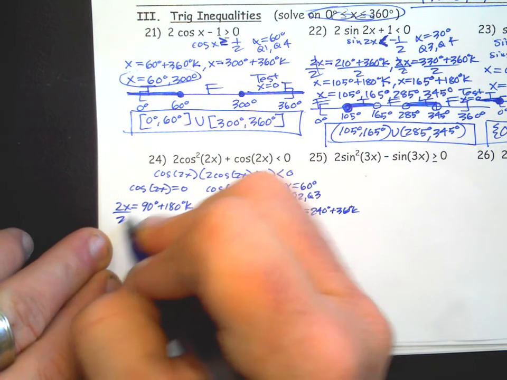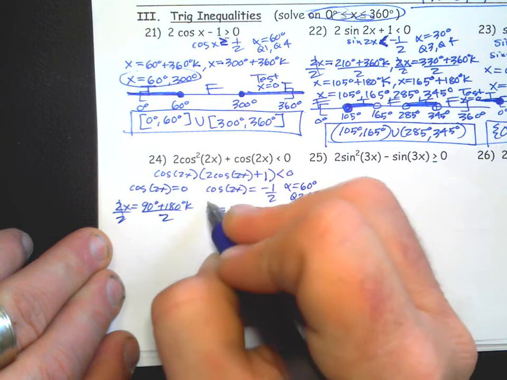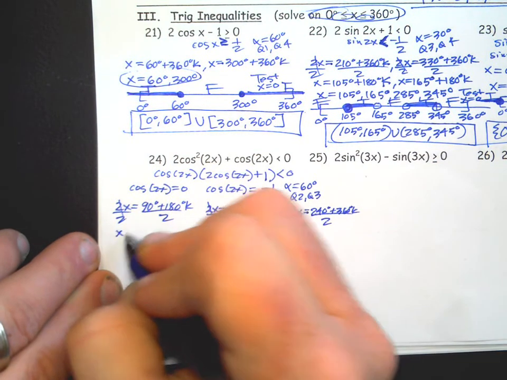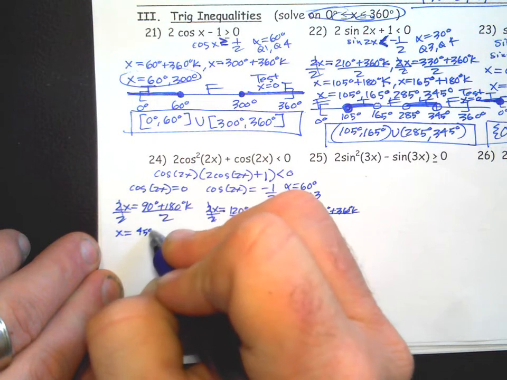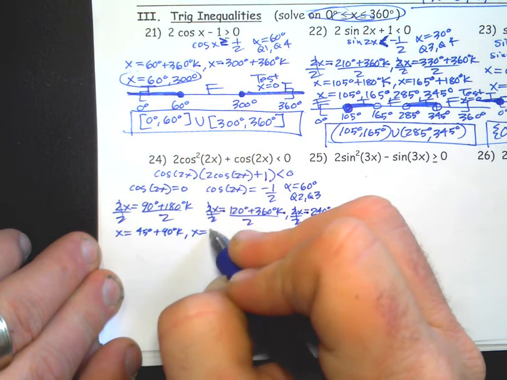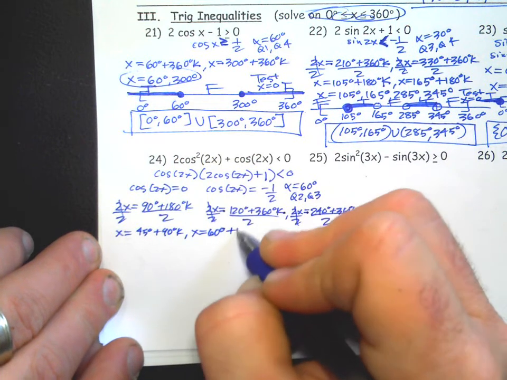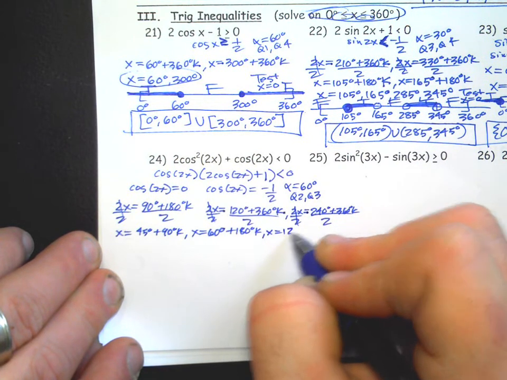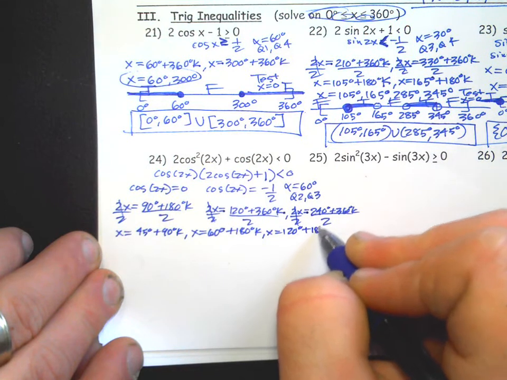So divide by 2 on everything. X equals 45 plus 90k. X equals 60 plus 180k. X equals 120 plus 180k.